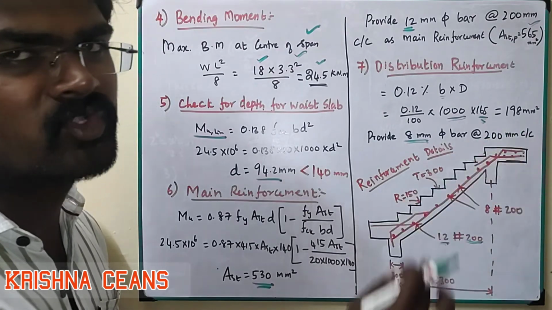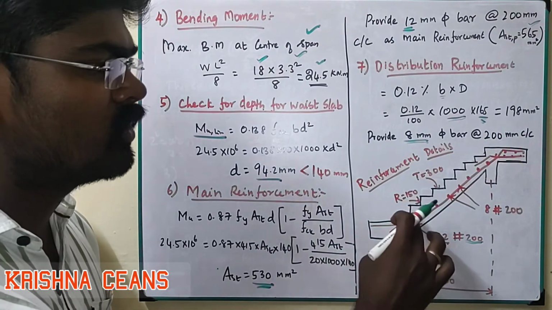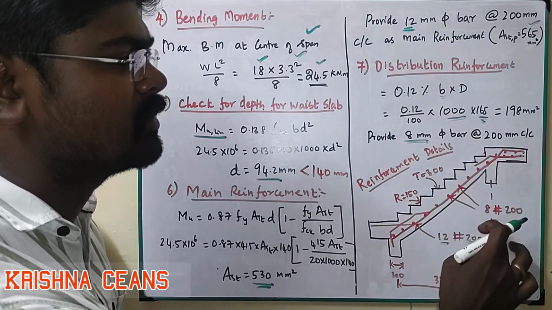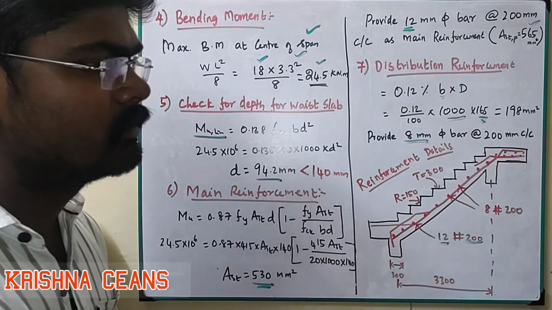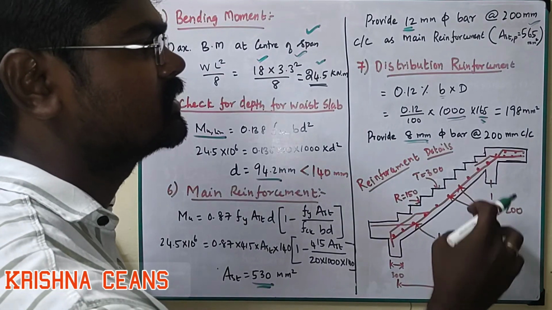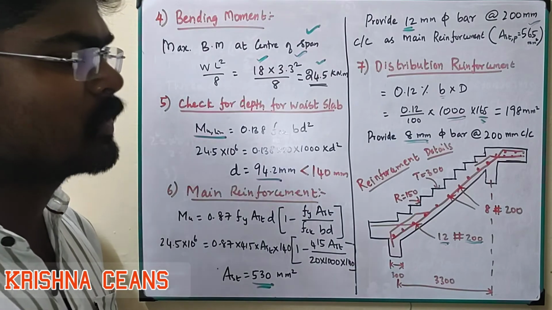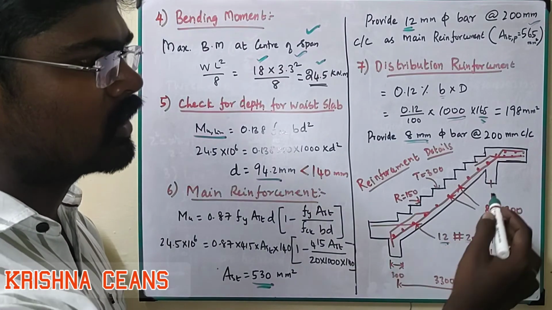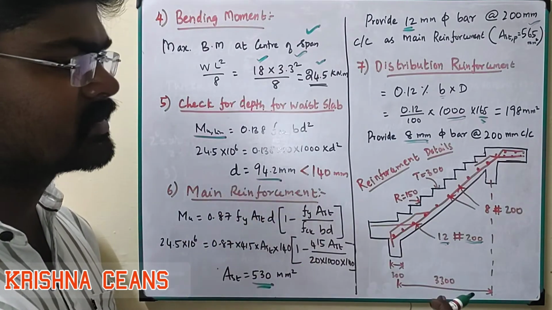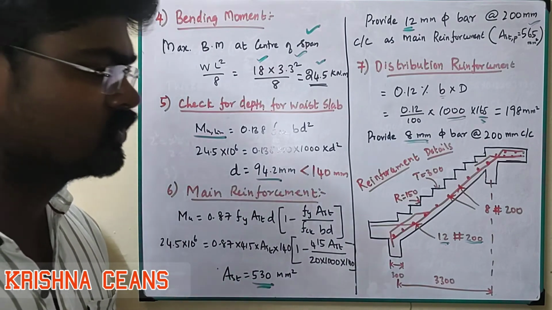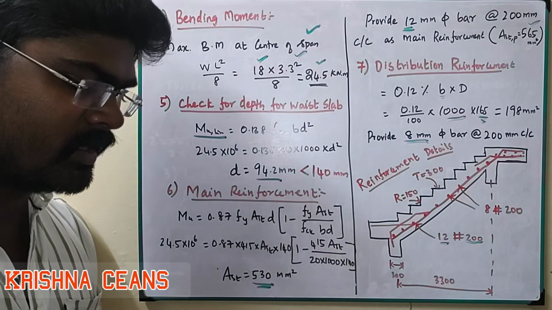Over the main reinforcement, we provide the distribution reinforcement, an 8 mm dia bar. This 8 is mentioned as 8 mm dia bar, and this 200 is mentioned as the center to center spacing. The distance from one beam to another we calculated is 3300 mm. So that is our reinforcement details.